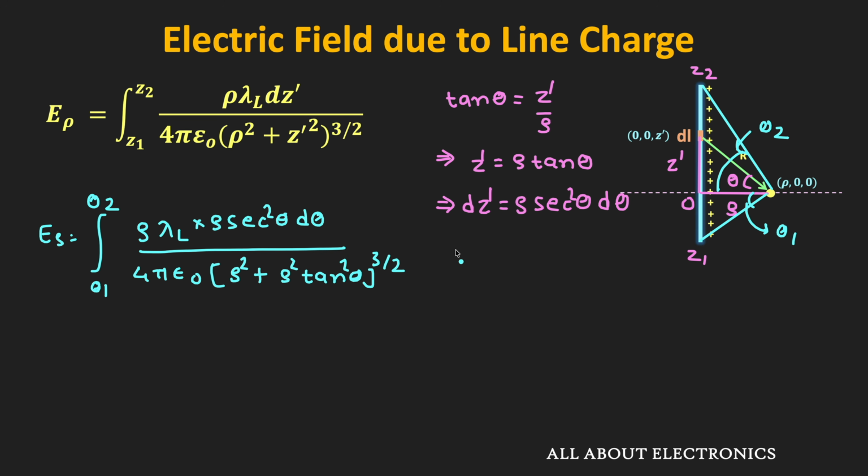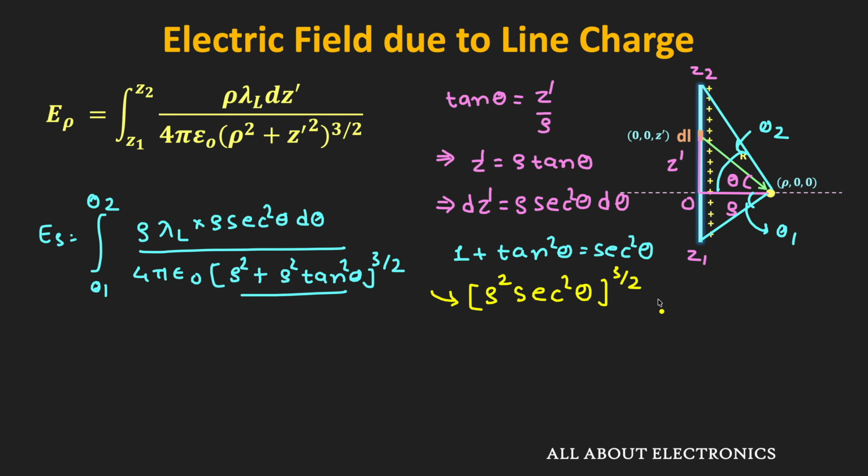So we know that 1 plus tan square theta is equal to sec square theta, and therefore this term will become rho square times sec square theta, and here we also have the 3 by 2 power, so that will become rho cube times sec cube theta.